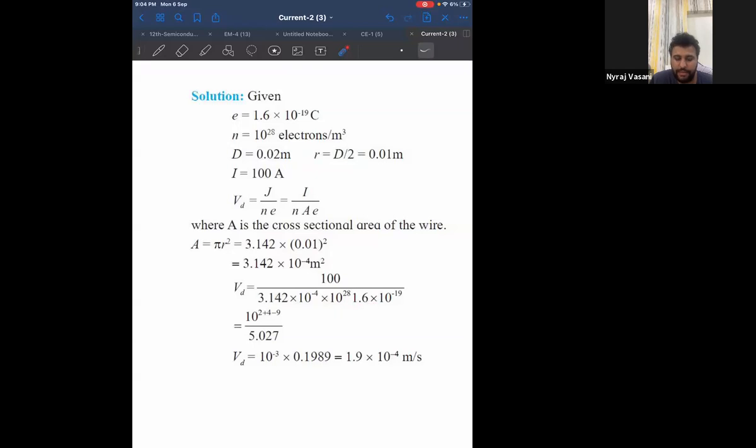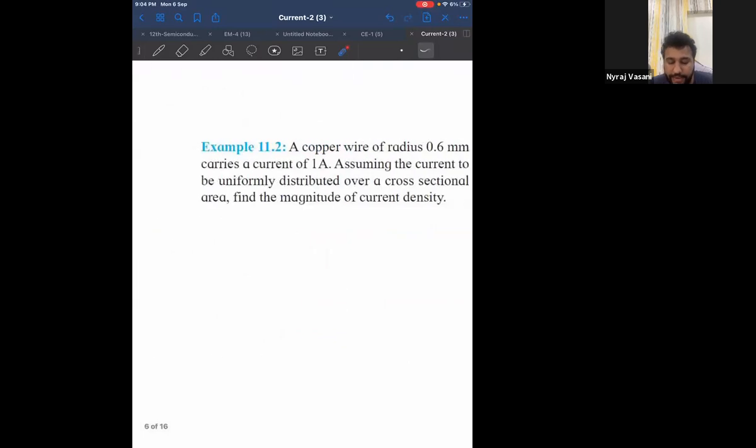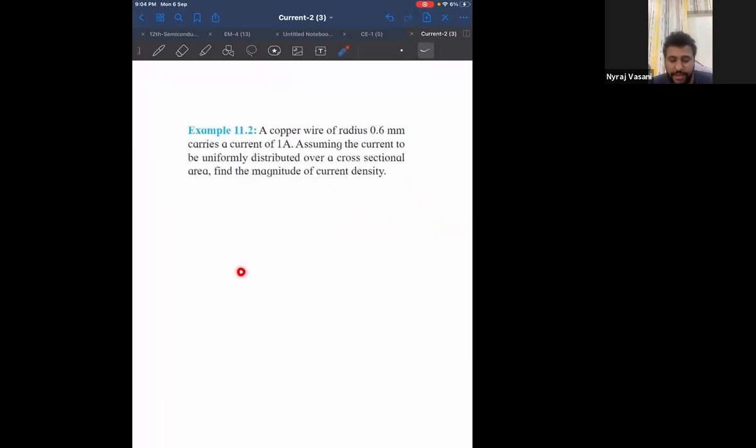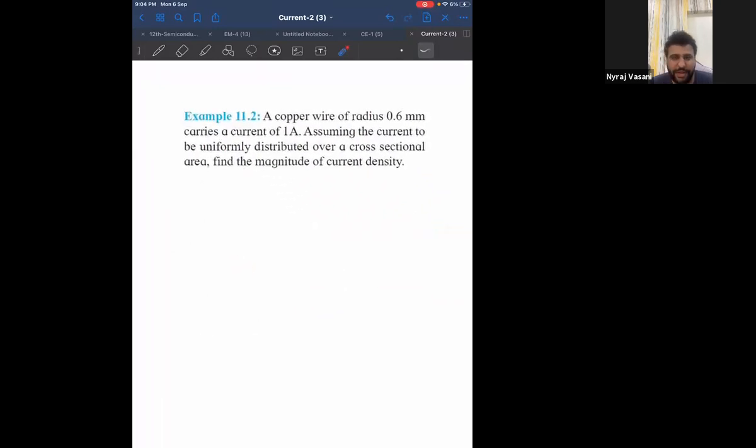Tell me if you're getting it till here, it is fine. I want you to know this formula, J becomes I by A. You should know this formula, and from that formula it becomes this. Otherwise, it is direct. Clear? Easy. So there is one formula for drift velocity, and directly for J, it is this question. Direct question. Start.